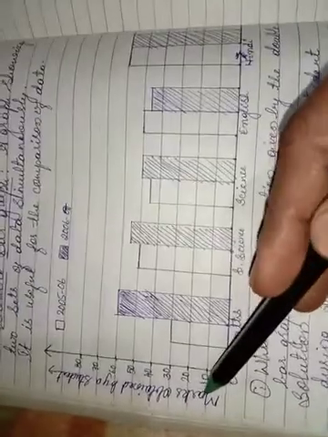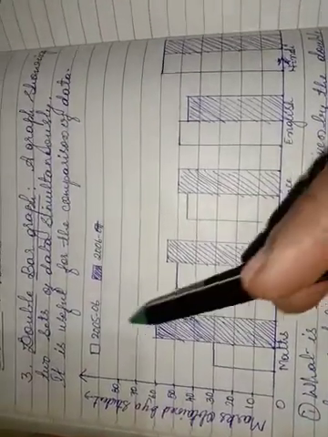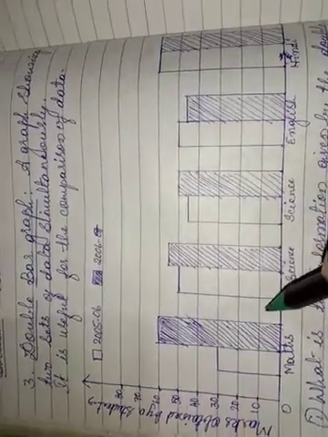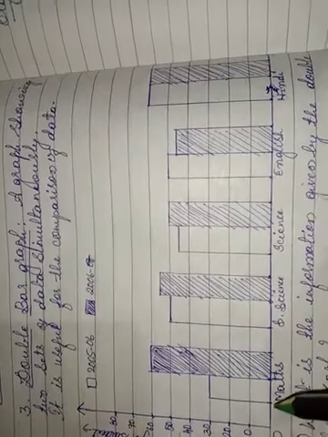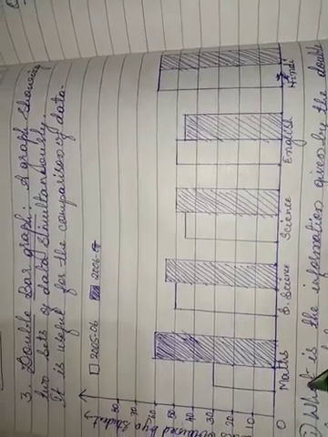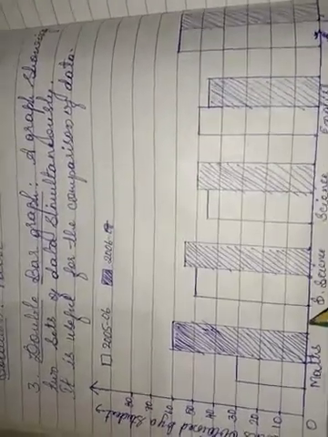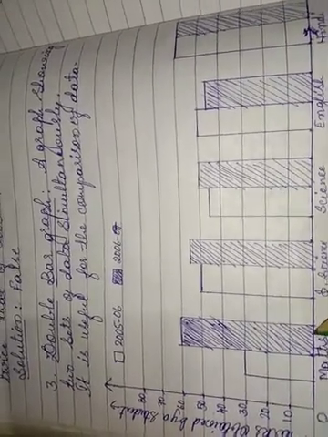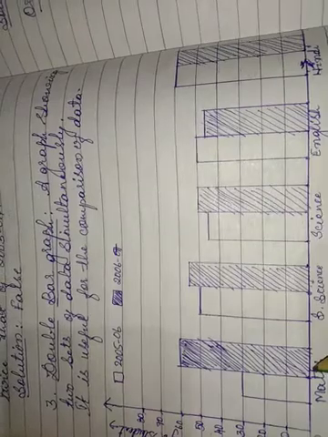Sometimes your parents will be talking, isn't it? They say, last year my son was getting first rank, second rank and more marks, but this year he reduced in his marks. Like that. So that is nothing but comparison.